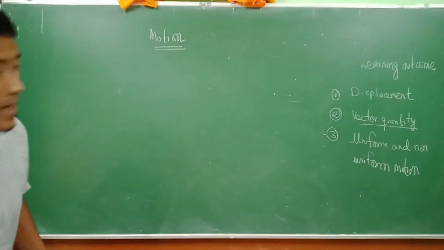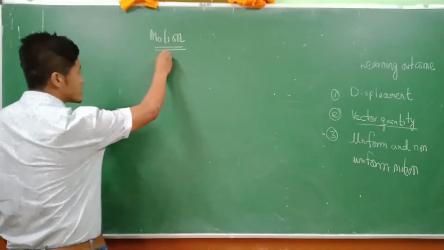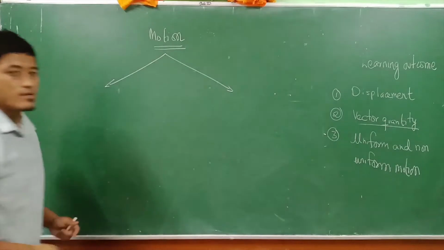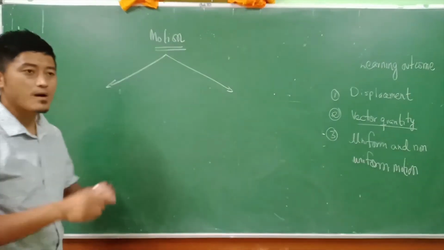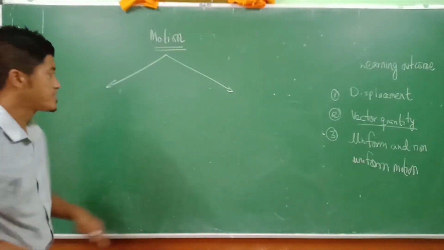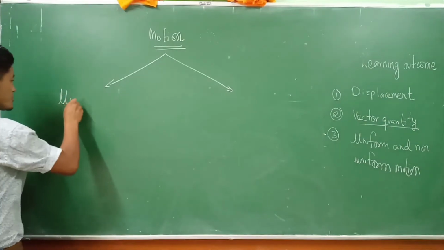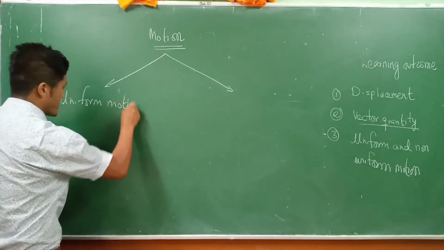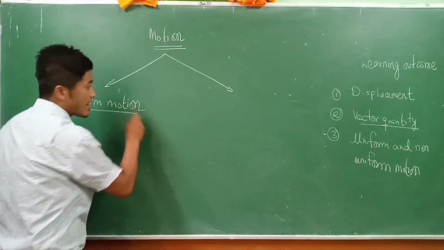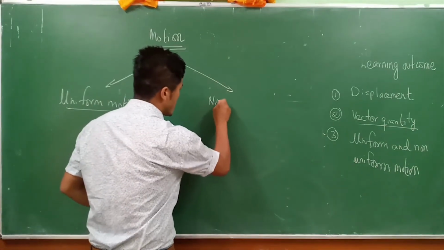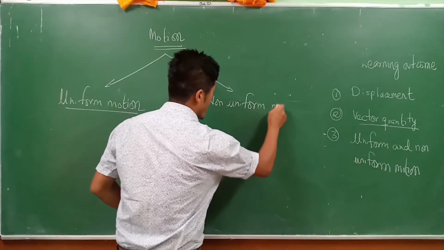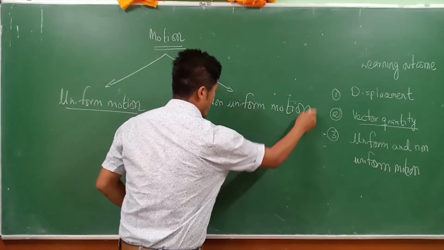So now motion can be generally classified, not actually classified, but we can somehow divide it into uniform motion and non-uniform motion.